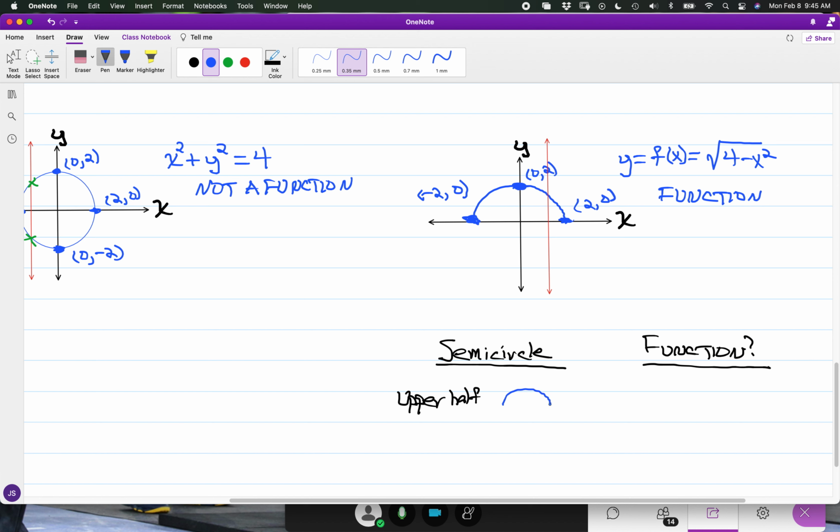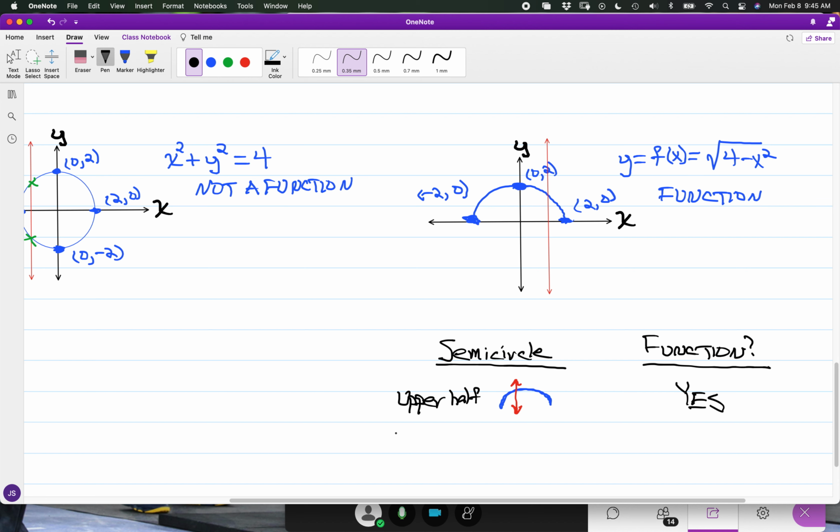With a quick sketch, this would be a case, once again, of a function.